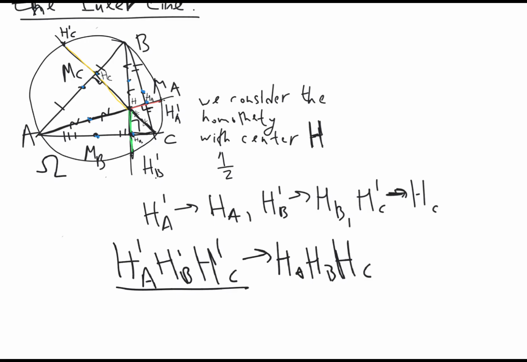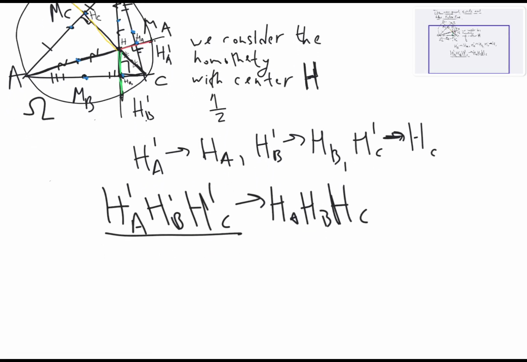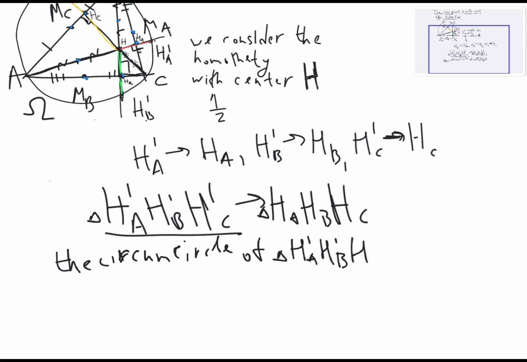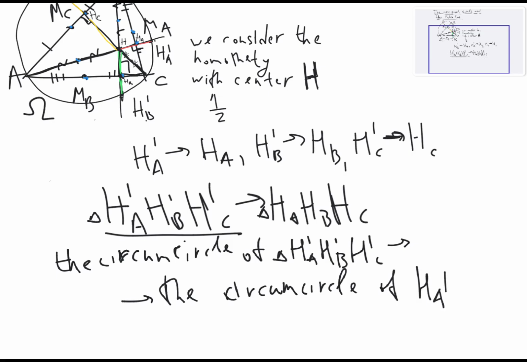And so let's write this: the circumcircle of the triangle HA prime, HB prime, HC prime maps to the circumcircle of HA, HB, HC.